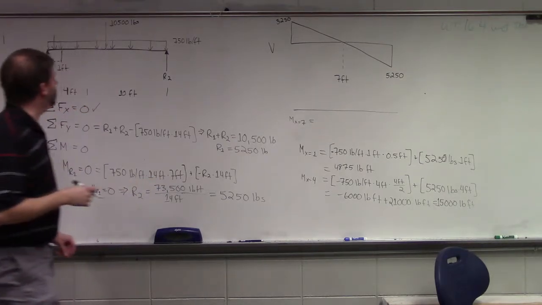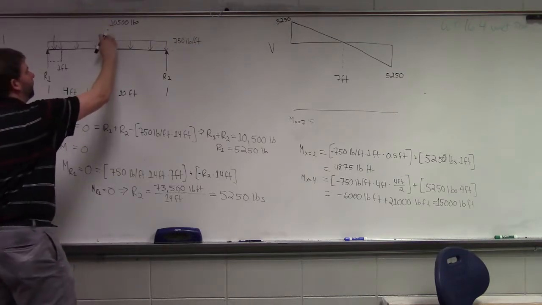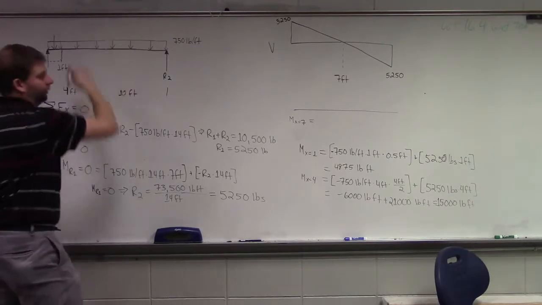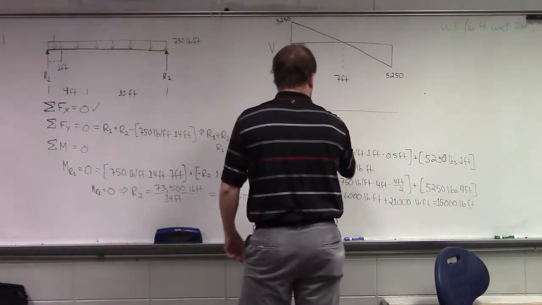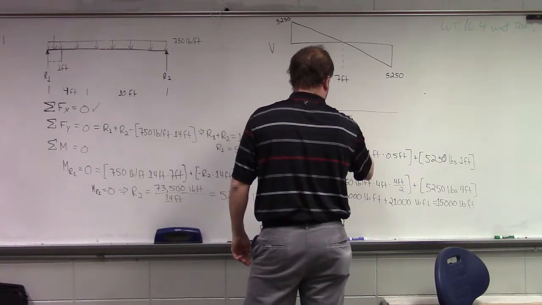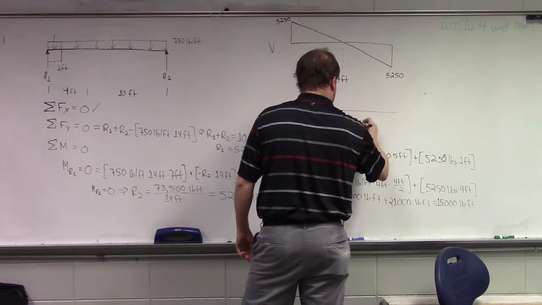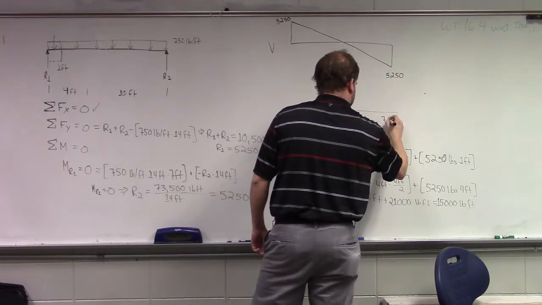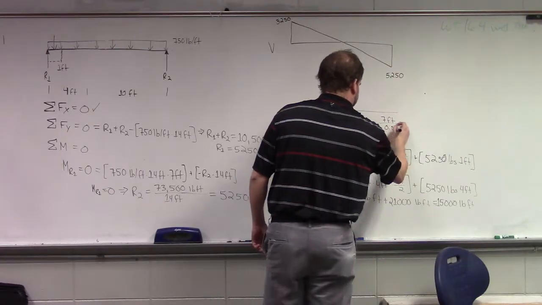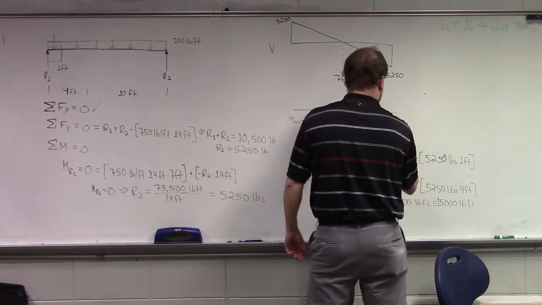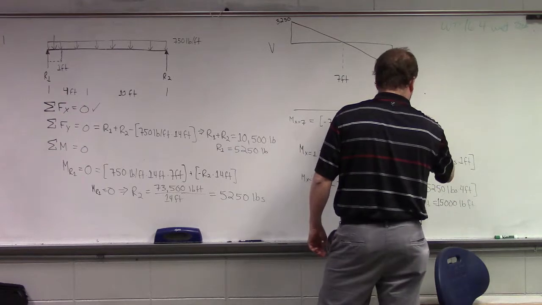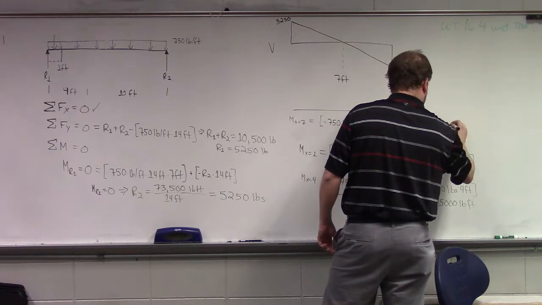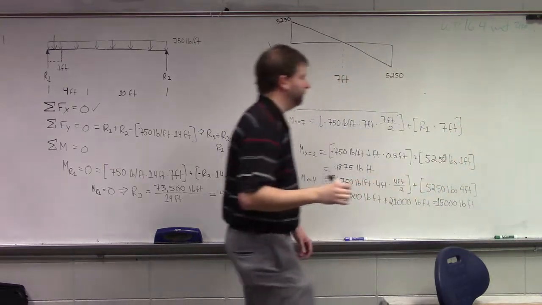Okay, so what's going on at x equals 7? 750 times 7 times 3.5, right?